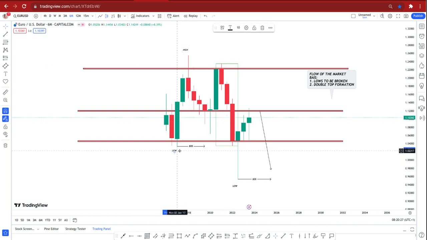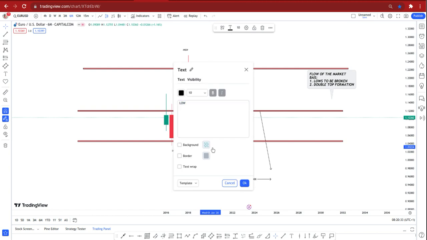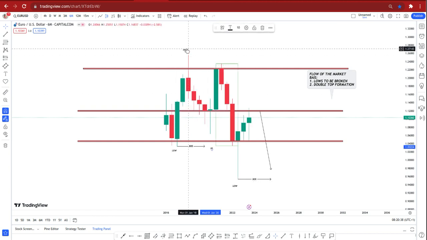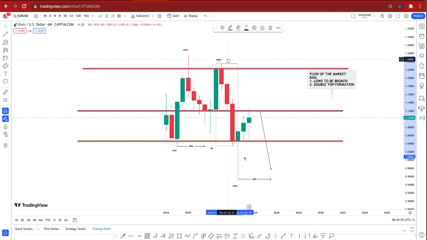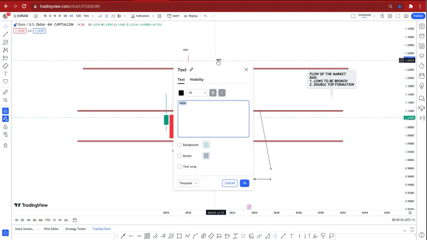Then here I have this higher low, and here I have a lower high. Now this is a lower low.